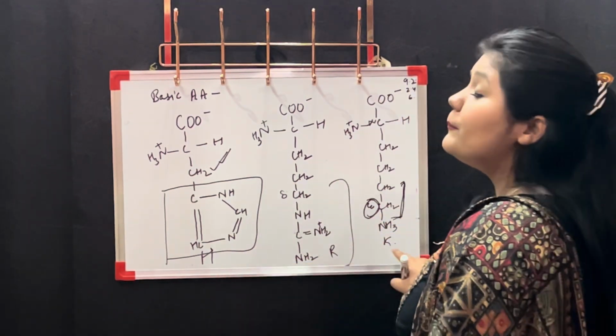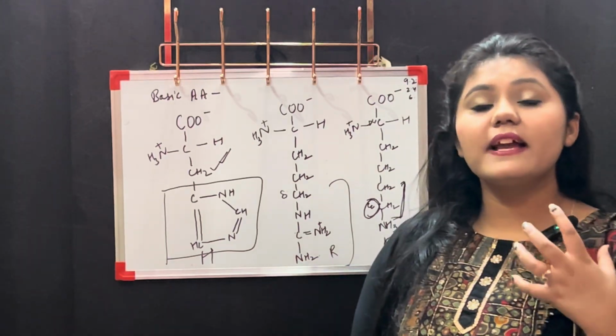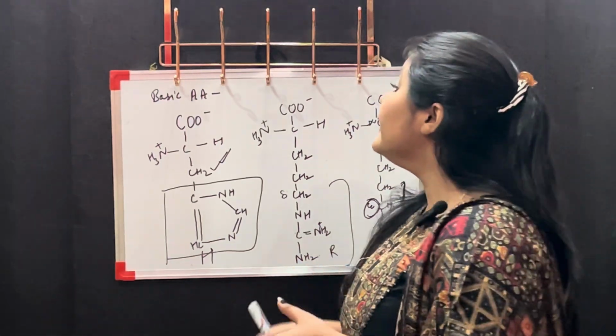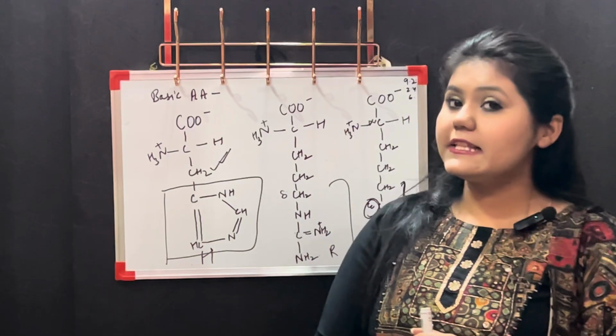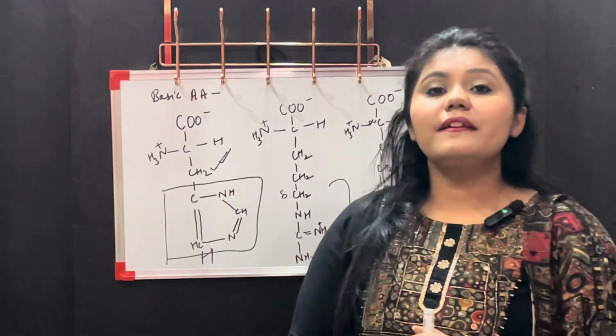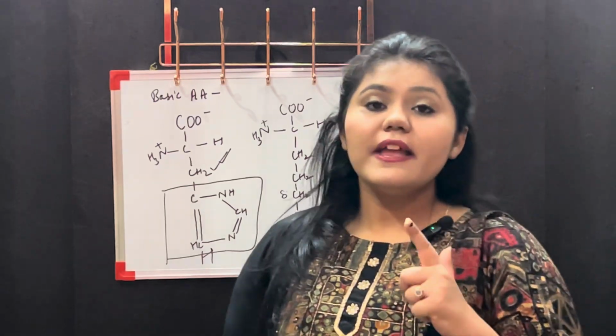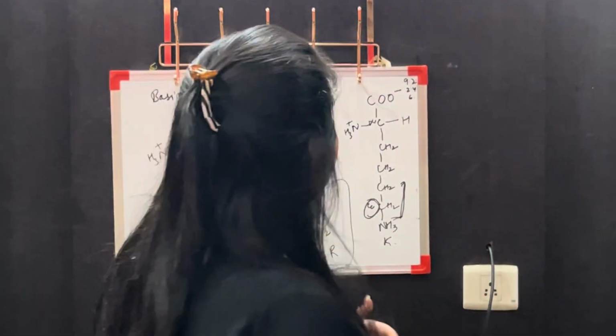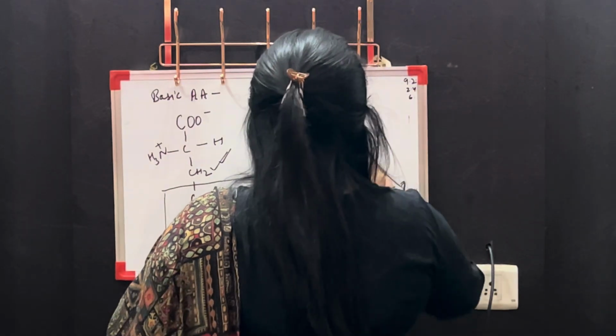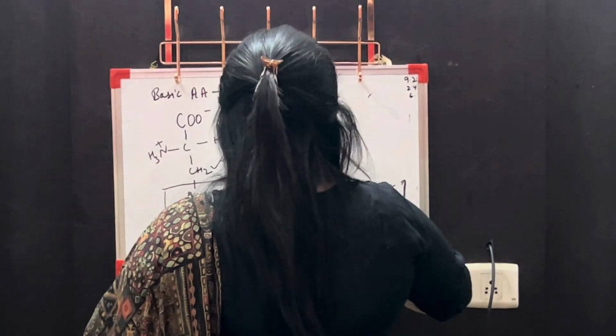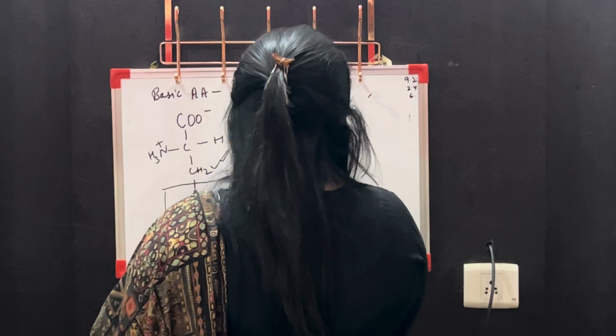So these are the basic amino acids whose side chains can be ionized. And I promised you yesterday that I'll also draw one titration curve for the basic amino acids. So now we're going to draw the titration curve of histidine. Okay. So let's draw the titration curve of histidine.